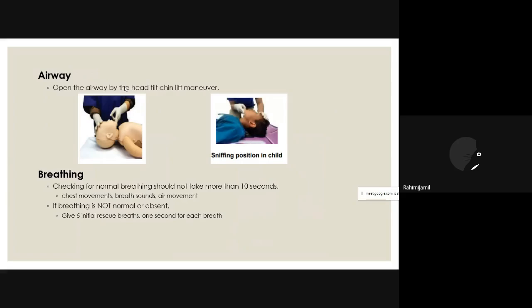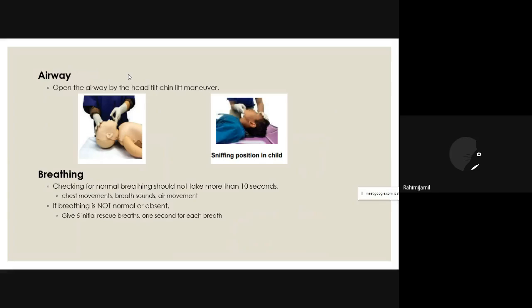Next, airway. After asking for help, we must open the airway by the head tilt chin lift maneuver, where we put one hand on the head of the patient and one hand under the chin, and push slowly upward.